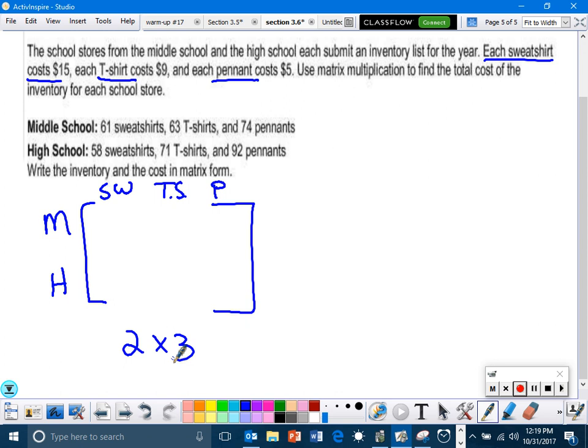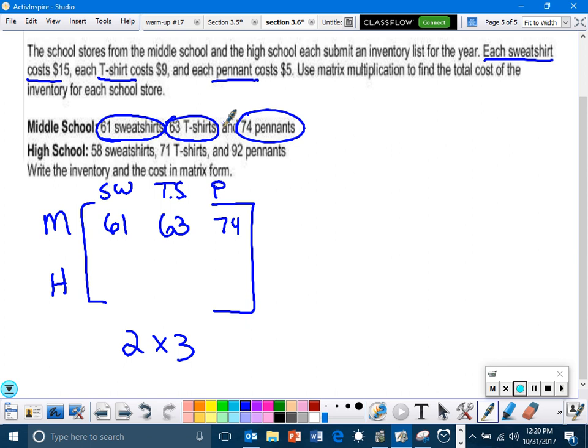All right, now it also tells us what the costs are. Let's back up. So this matrix is for their inventory. So the middle school has 61 sweatshirts, 63 t-shirts and 74 pennants.